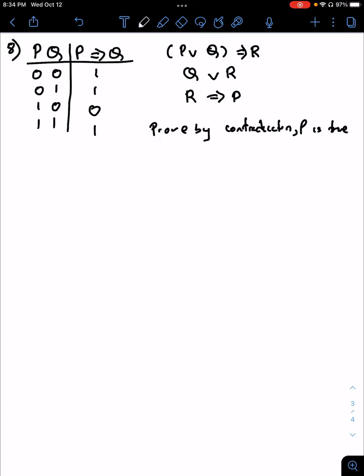So what Brandon said, the question basically says all of this is true, right? So you could say that this is your hypothesis. Cool, cool. And then your conclusion should be the fact that P is true, right? Right? Let me check.